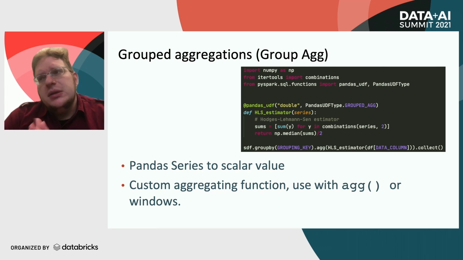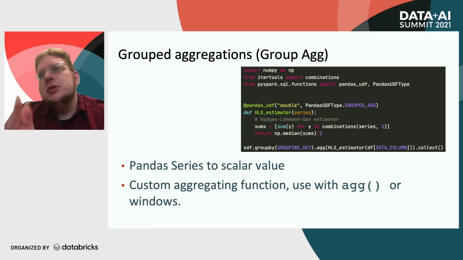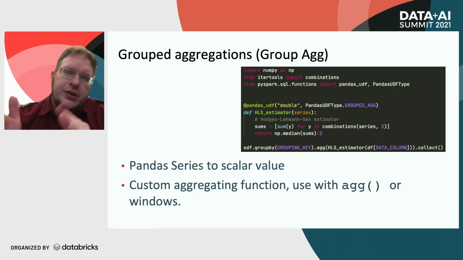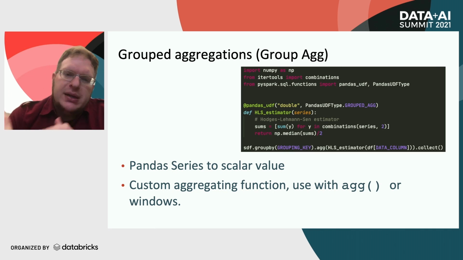In Python, this is very easy to express. The HLS estimator simply looks at each pairwise average for your data and gets the median from there. By using itertools, I just get combinations of my data of two elements. I look at the medians of that, and I divide by 2.